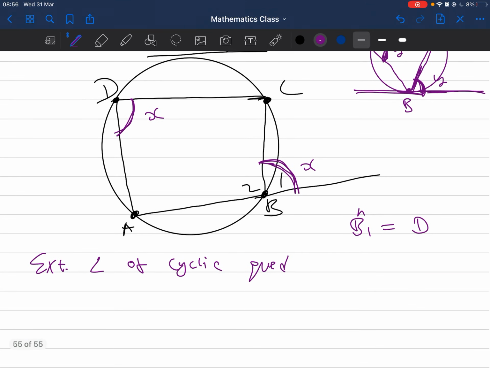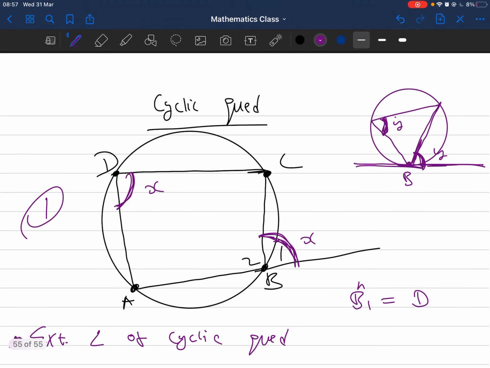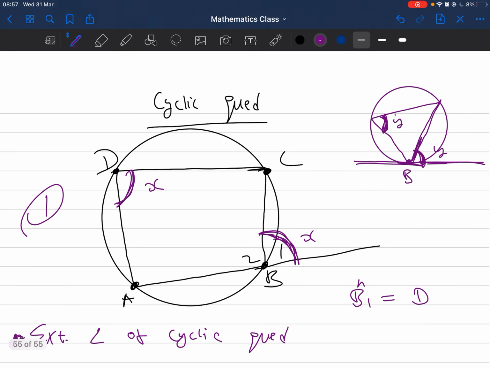So the reason for this one here is exterior angle of a cyclic quad. Exterior angle of a cyclic quad is the same as that one. You cannot use the earlier reason, because remember the reason from there is an angle between chord and tangent.